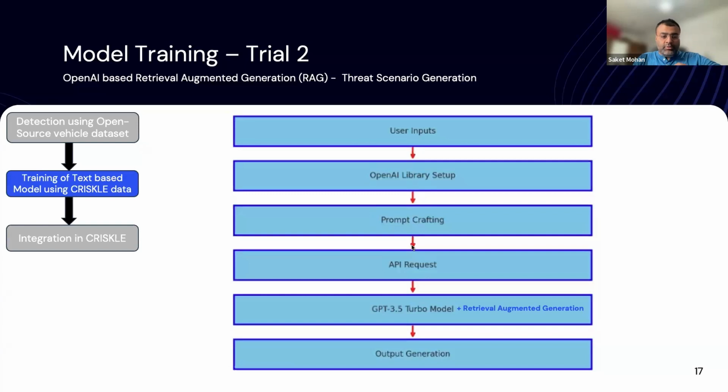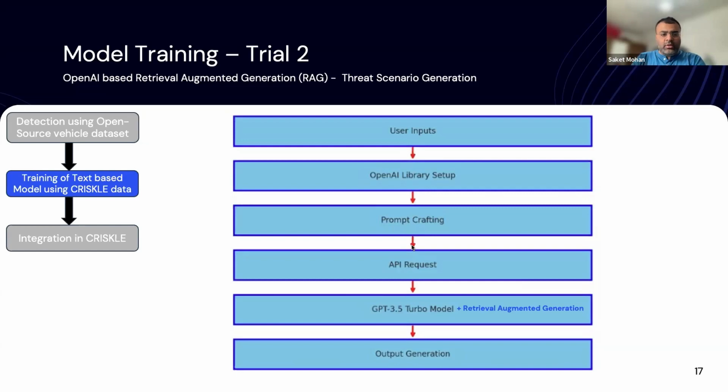We are not touching anything on the model, but rather doing an application level search on the World Wide Web to scout for more information and basically enrich the model. And that gave us some outputs.